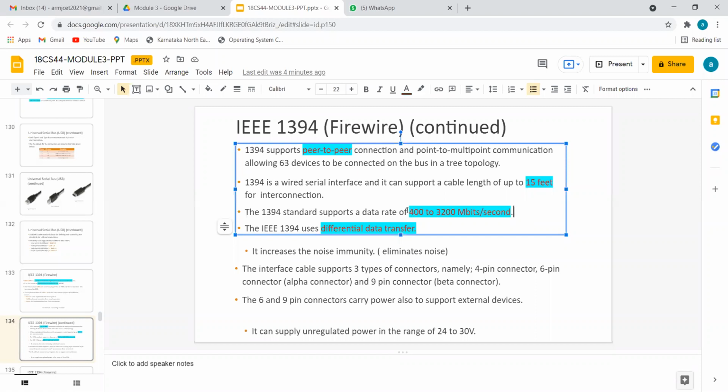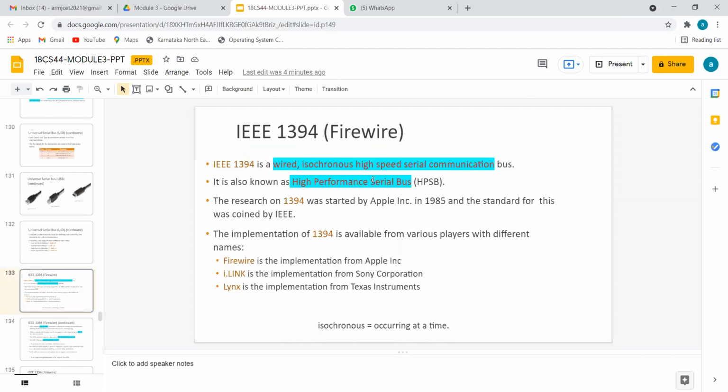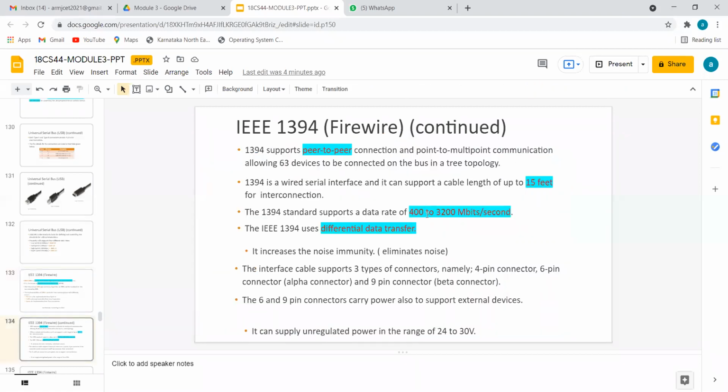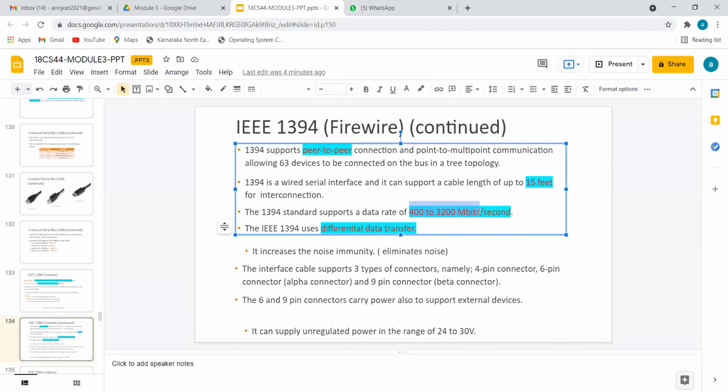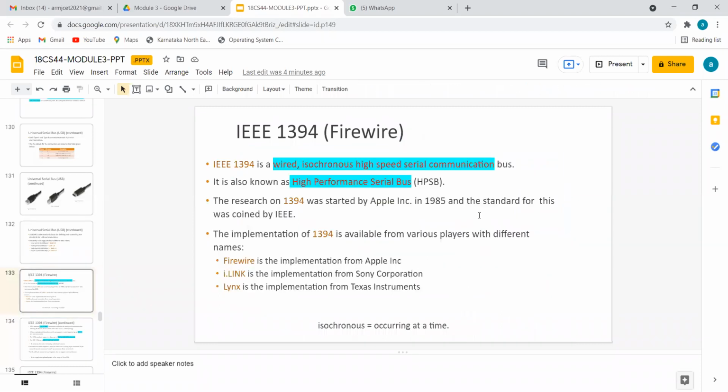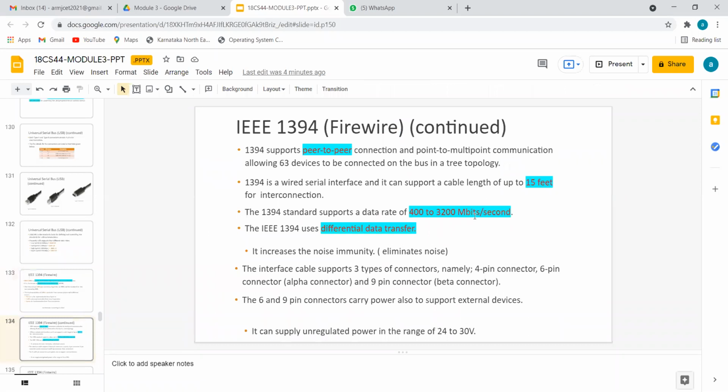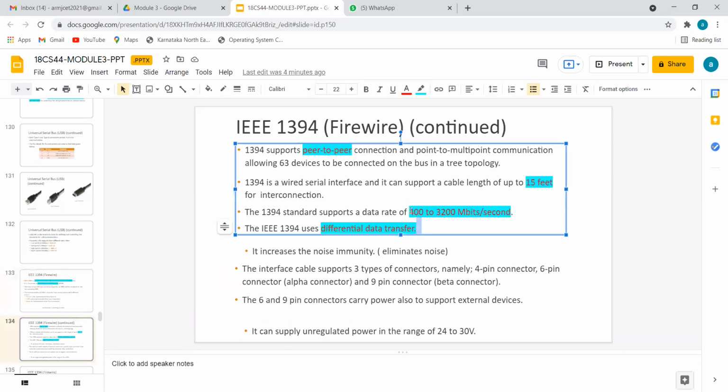So it supports data of up to 400 to 3200 megabits per second. It's megabits per second. And also please remember, it's serial. In serial mode, if you are sending this much data, it's definitely high performance. In parallel, you can reach up to gigahertz or something, but in serial, if you are reaching this, it's good.